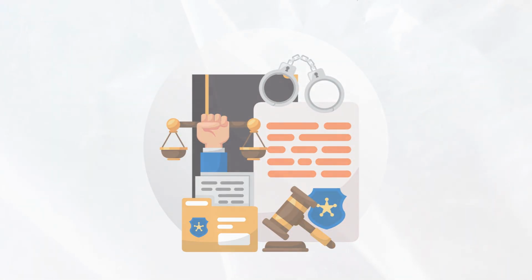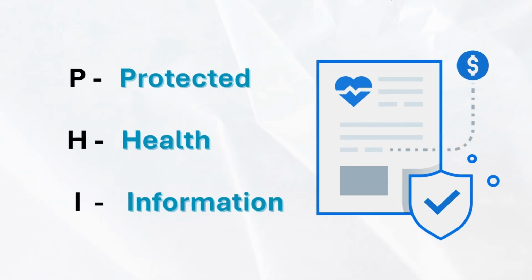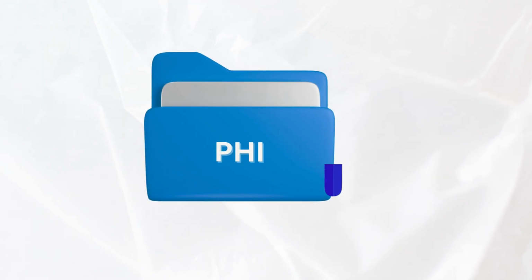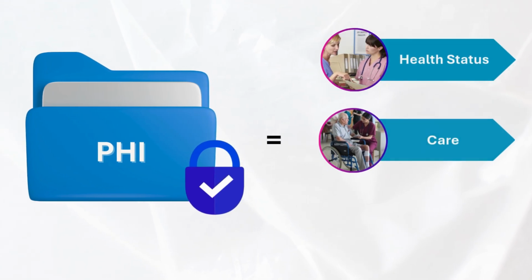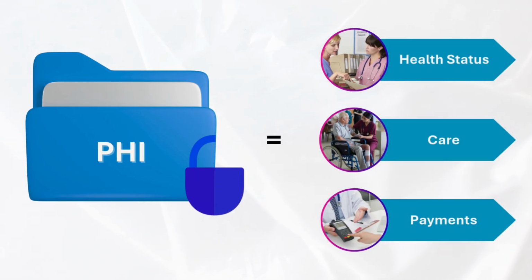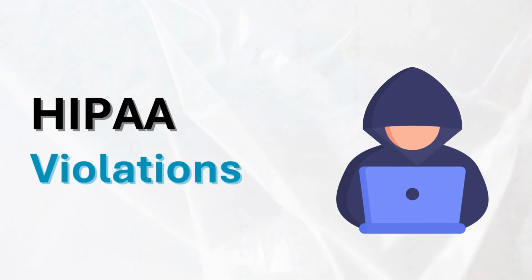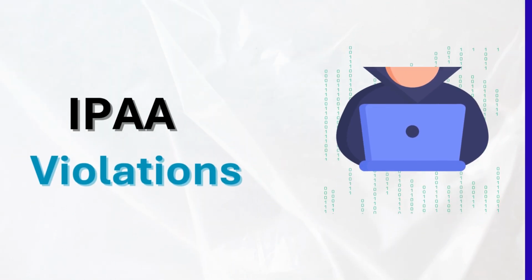To follow the law, you need to know what you are protecting. The most important term is PHI, or Protected Health Information. PHI is any information that relates to a person's health status, care, or payment that can be linked back to them. In your day-to-day work, a HIPAA violation isn't usually a hacker in a hoodie.